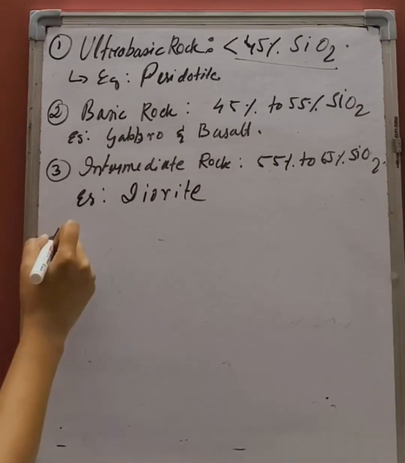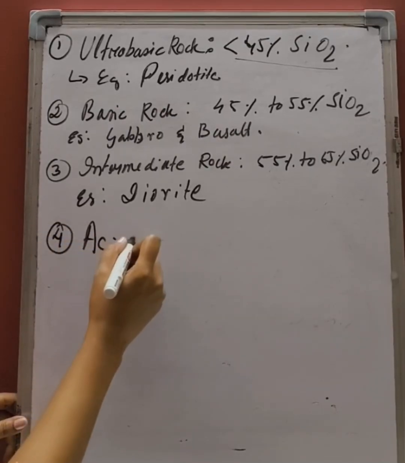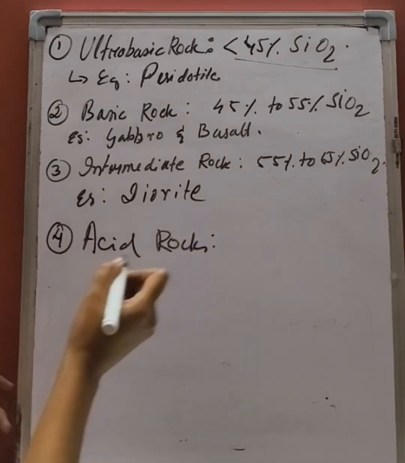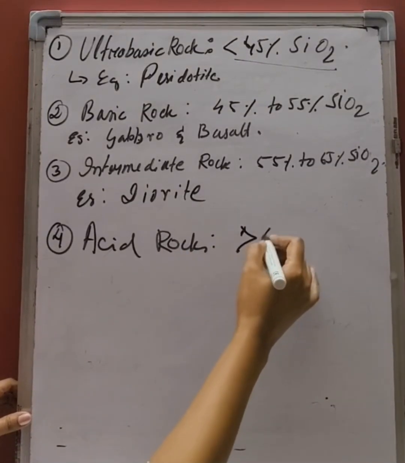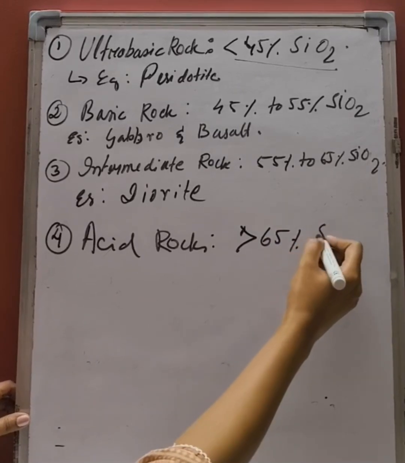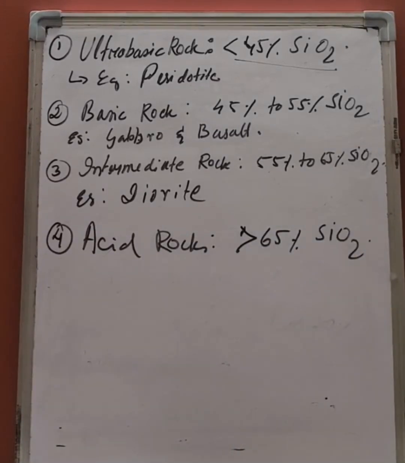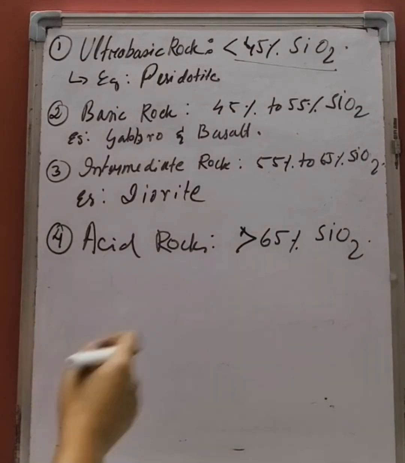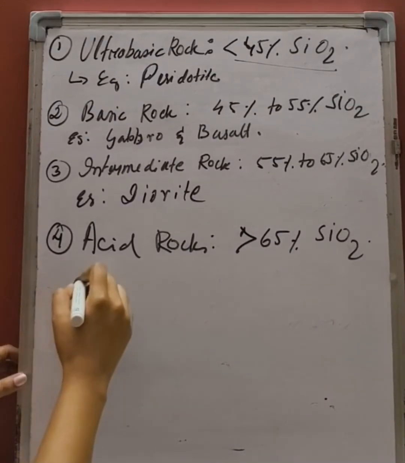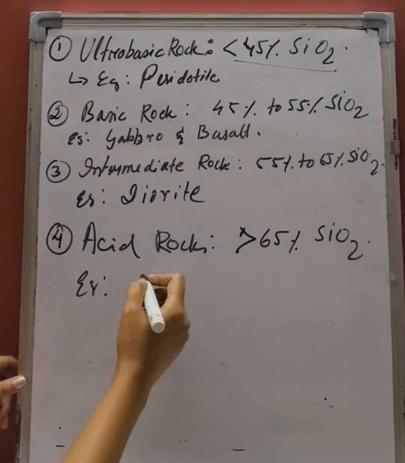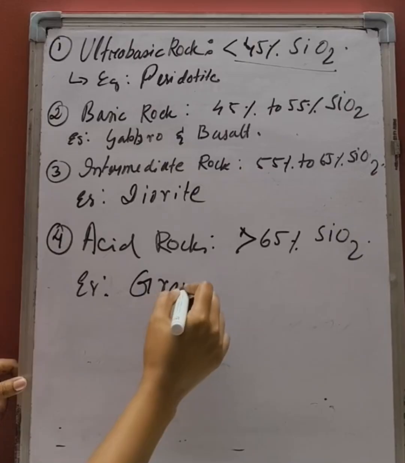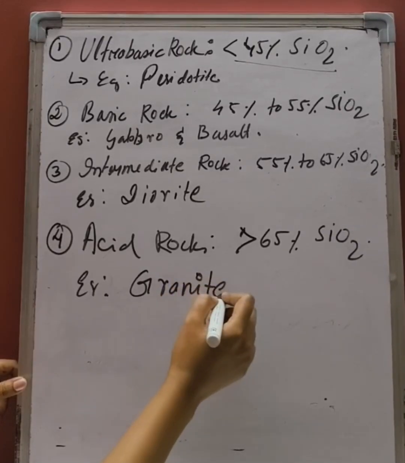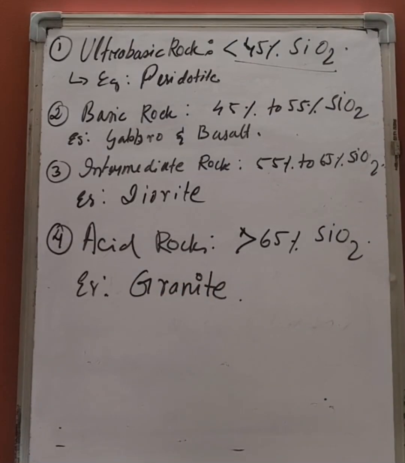The last one is the acid igneous rocks, the most acidic one. Here the silica percentage increases to more than 65%. The most common example, which is very easily found everywhere and easily identified, is granite. Granite is the most important of the acidic rocks.